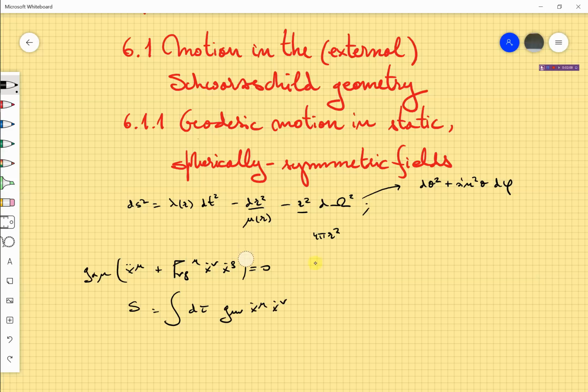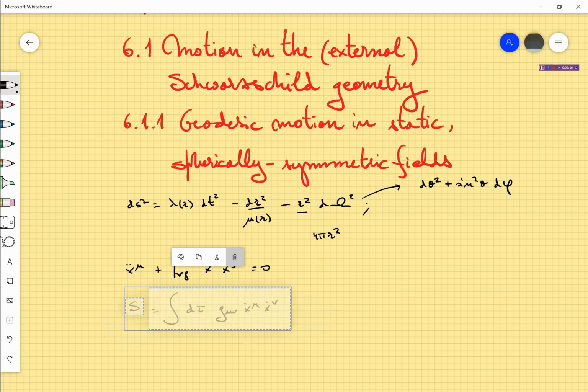Okay, these two things are equivalent, clearly, but since I asked you in a previous video or lecture, or maybe a tutorial, to compute these Christoffel symbols, then I am going to use these Christoffel symbols.